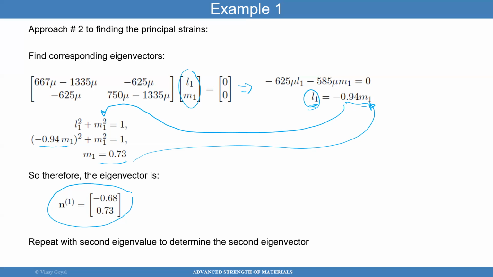You can repeat with the second eigenvalue to then determine the second eigenvector. Now, I'll plot it for you real quick. You can see that if this is 1 and this is 1, it moved to the left over here somewhere. I'm kind of doing it visually, and it moves.